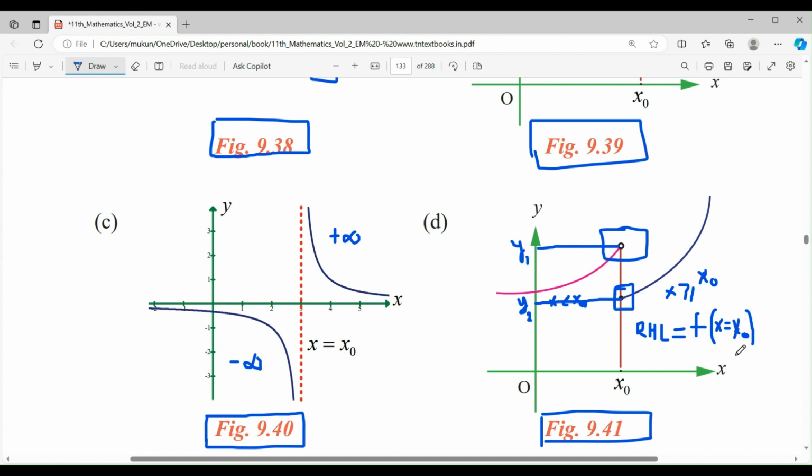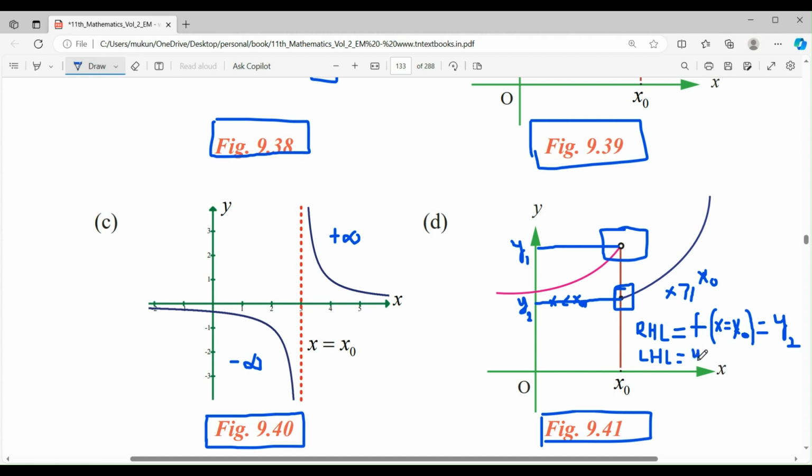And why is that? Because we have the function defined by the dark blue line for all x greater than or equal to x naught. So my RHL equals f at x equals x naught, and it's indicated by the number y2. And my LHL, which is y1, it's very clear and evident from the graph that it is not equal to my RHL, right?